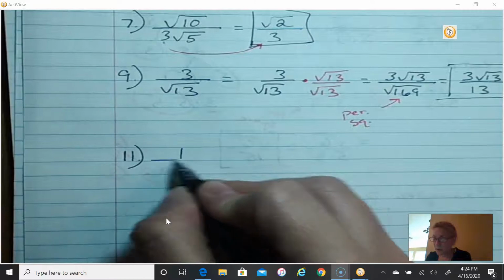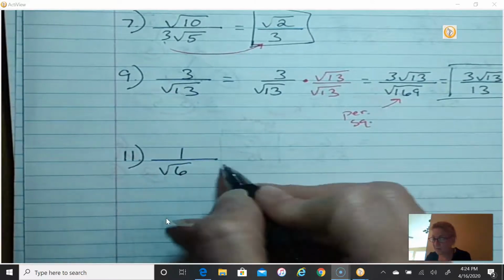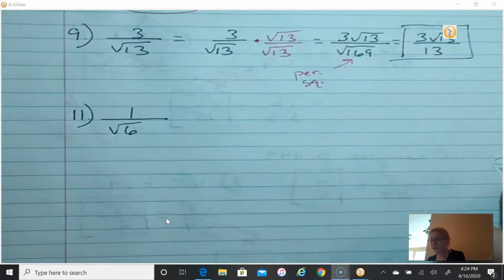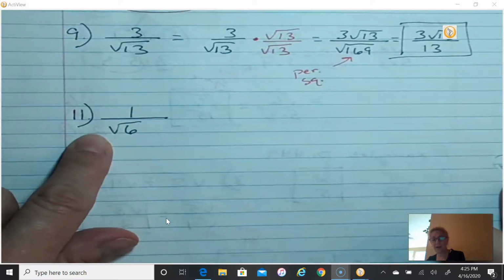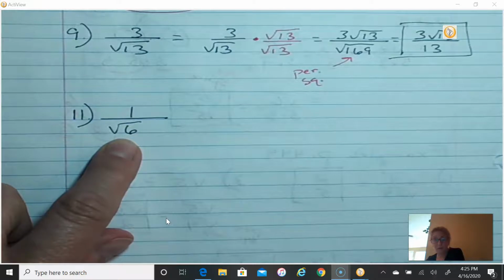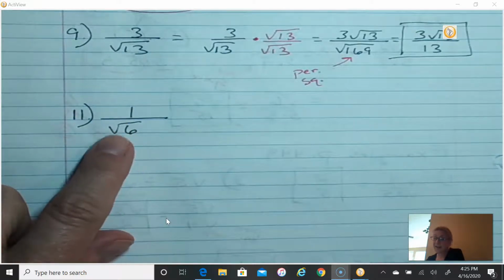11. 1 over the square root of 6. All right, guys, what can I do here? Cannot divide, cannot simplify. Even that 6, if I were to do a factor tree, is just 2 and 3. There's no pairs or anything. So what do? Can we have a radical sign in the denominator?